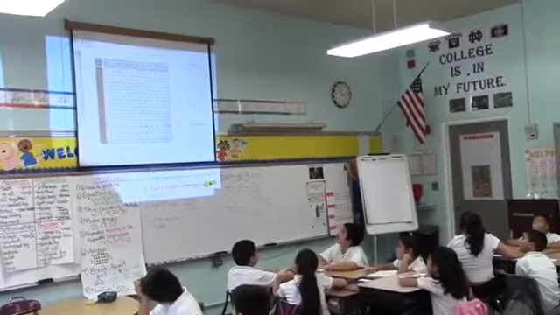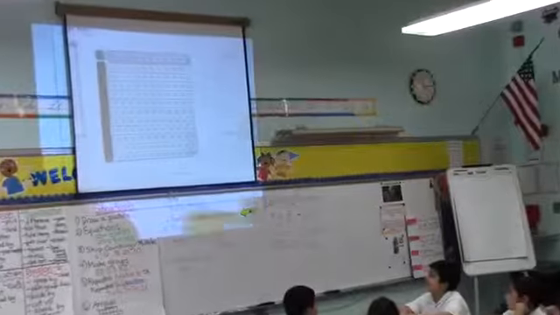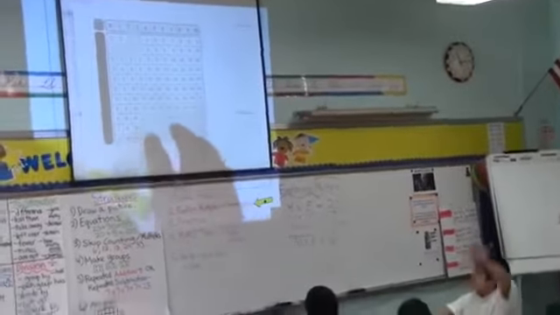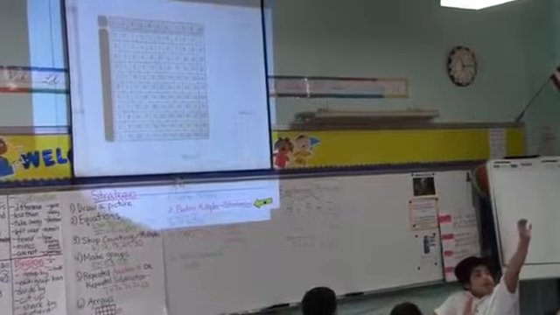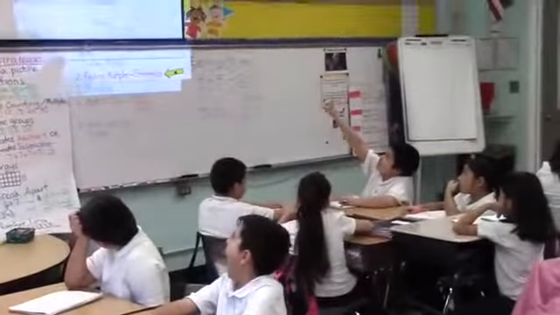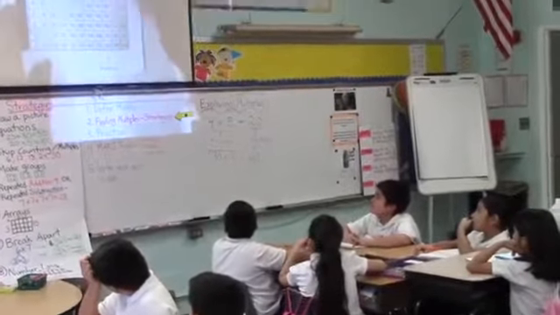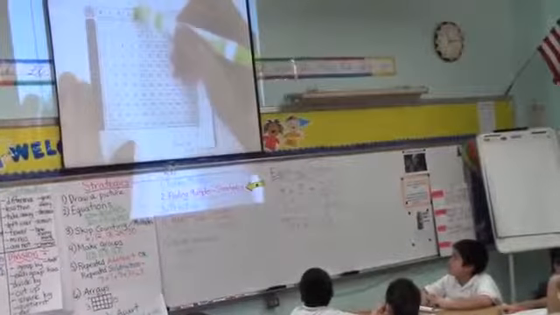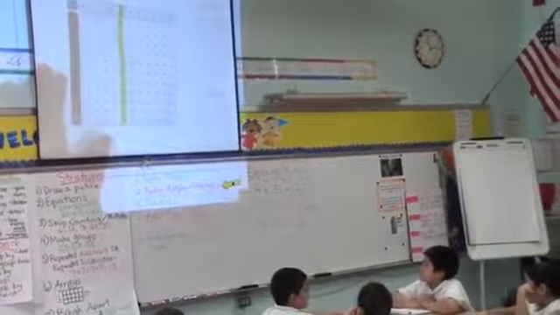If I were to ask you, what are the multiples of 4? How can you use this table to find the multiples of 4? Ricardo. On top, there are the numbers, so we go to the 4 and then go down. Good. So I go and look for the number 4 and go down the column. And these are my multiples of 4.